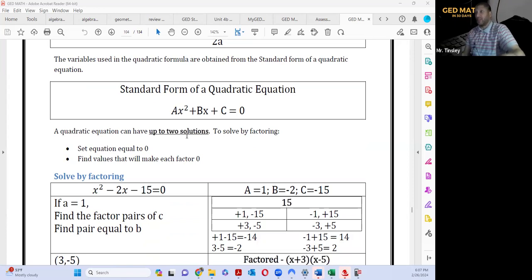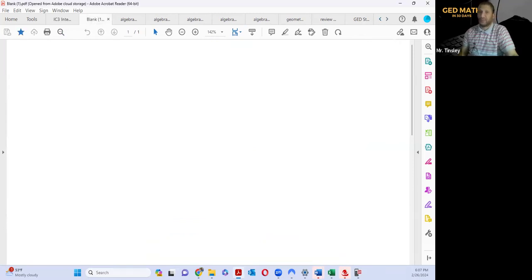First, let's look at this example: x squared minus 2x minus 15. Let me open up a blank page. x squared minus 2x minus 15. Now, if you don't see equal to 0, assume that it's equal to 0.